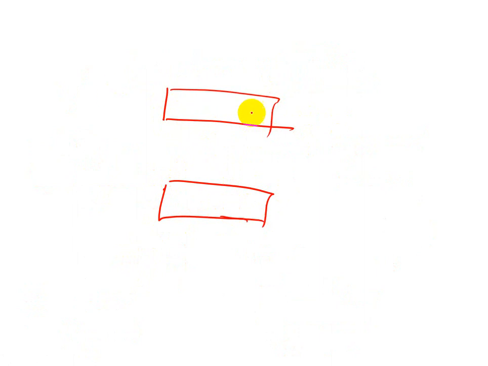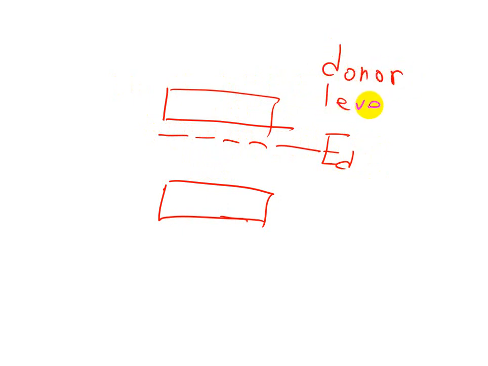Remember when we talked about the P-type or N-type semiconductor, let's say the N-type semiconductor, you have a donor level over here, somewhere about 0.05 electron volt beneath the conduction band.